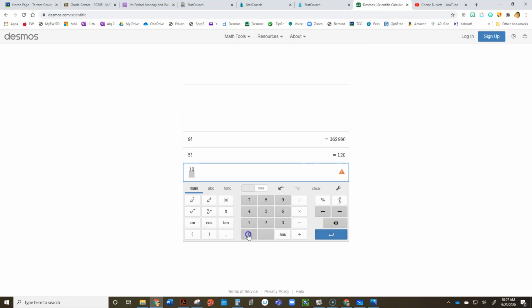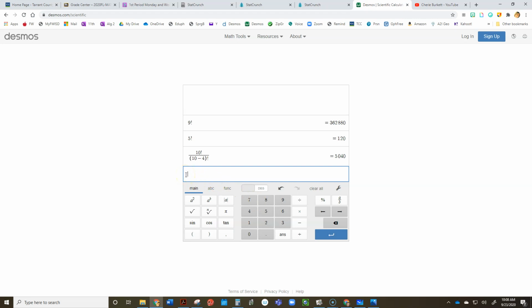So you could do 10 factorial, and then on the bottom you could type in exactly 10 minus 4 factorial. And it tells you that that's 5,040, just like we got.